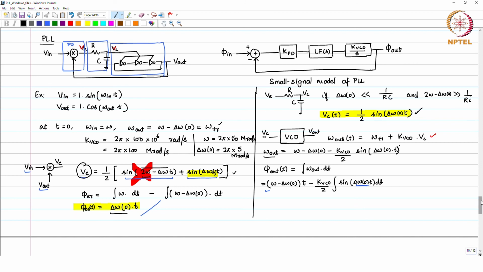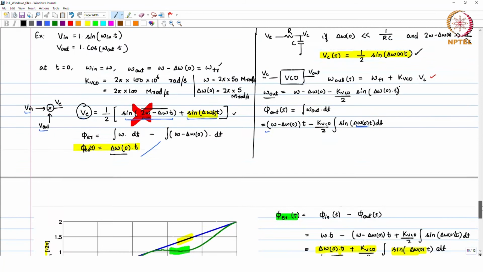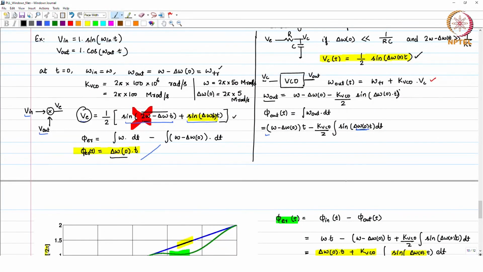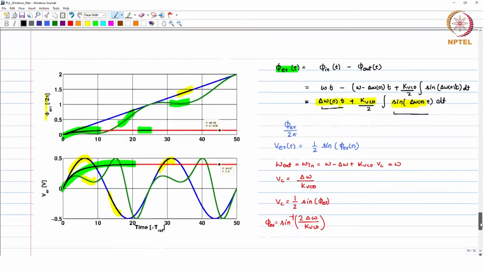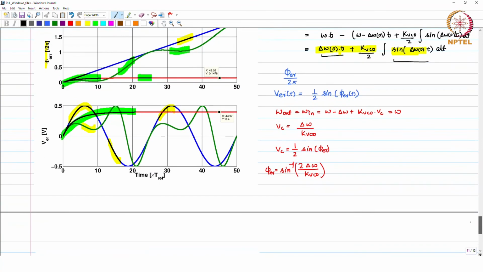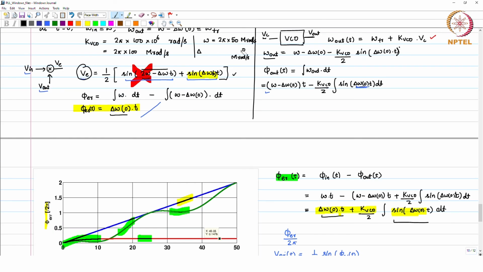The values which I have chosen, the initial analysis is for any value. Finally, in the example which I plotted here, delta omega 0 was 2 pi into 40 mega radians per second, okay, and omega was 2 pi into 50 mega radians per second.